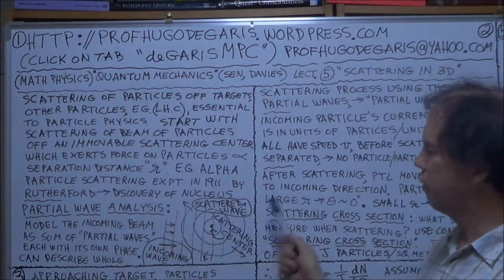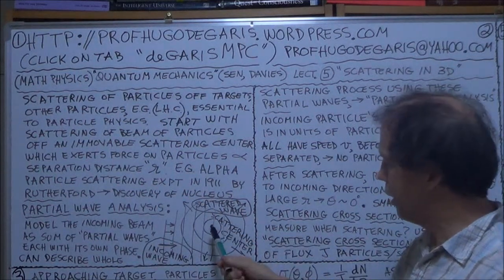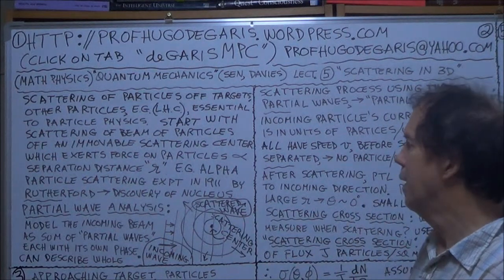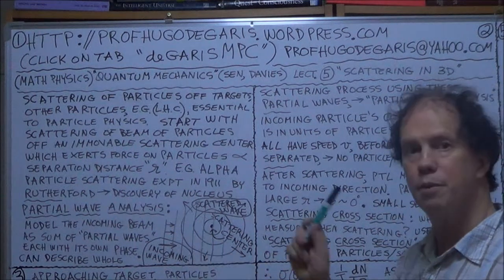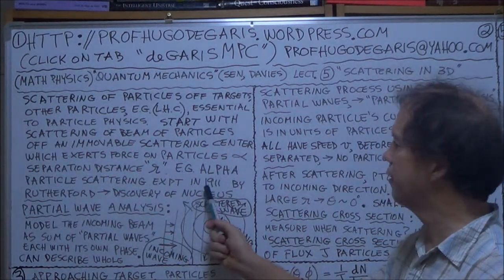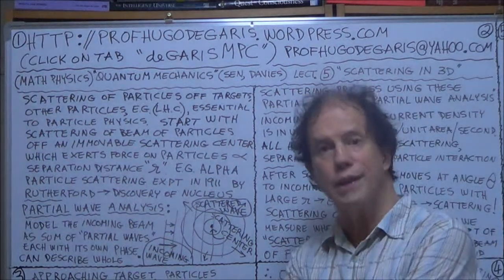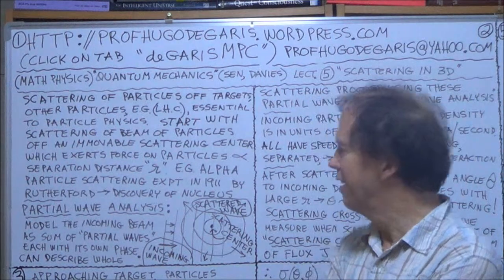So the scattering probability will depend on the distance r between the scattering center and the particle. This technique was used, for example, in a famous experiment in 1911 by Rutherford. Rutherford discovered the nucleus, a major discovery, one of the big ones of the 20th century.